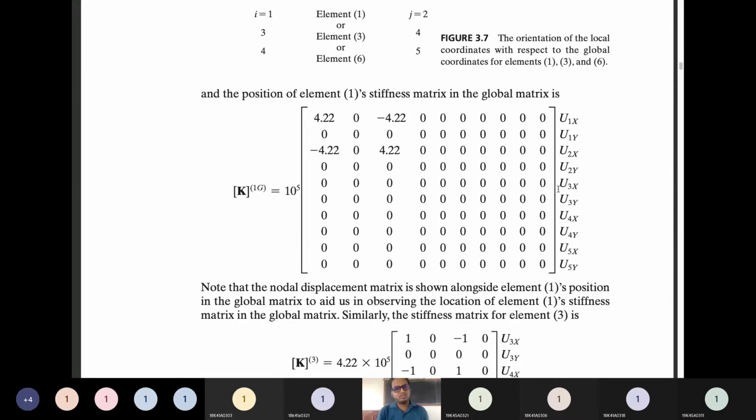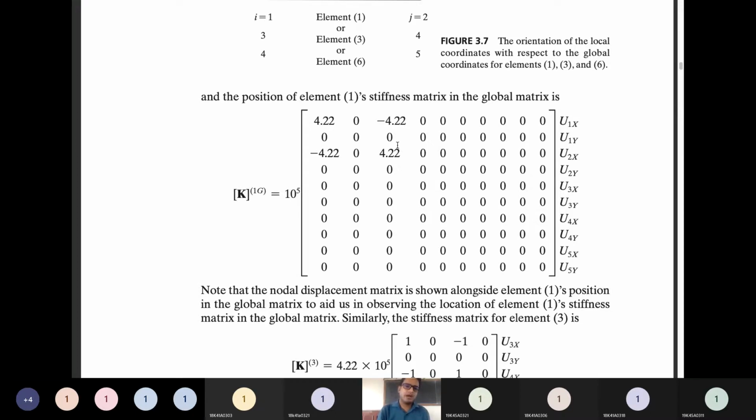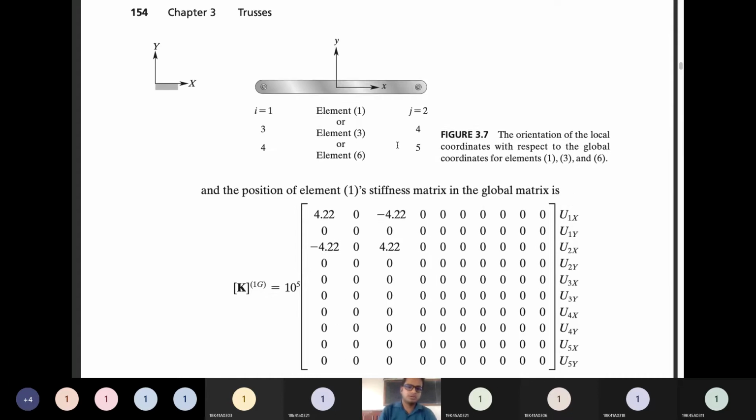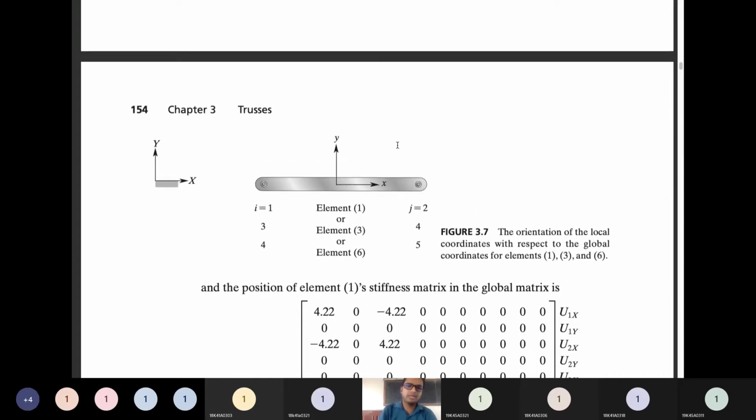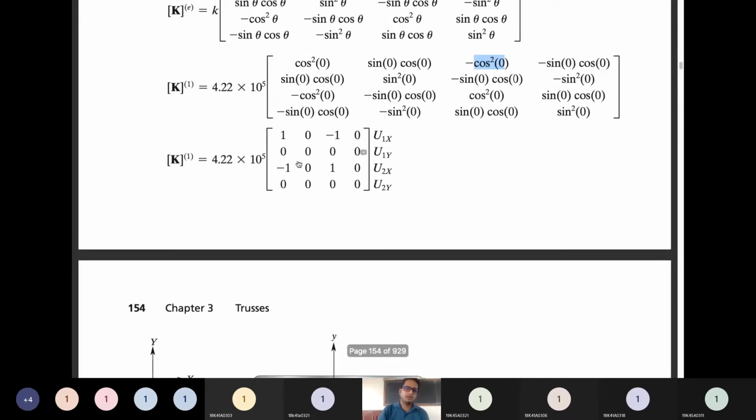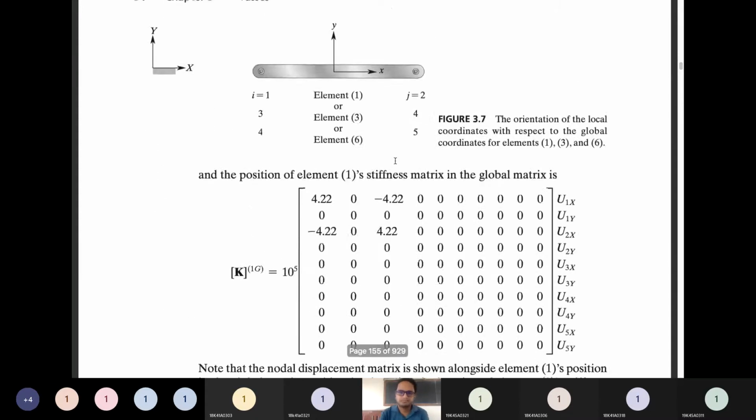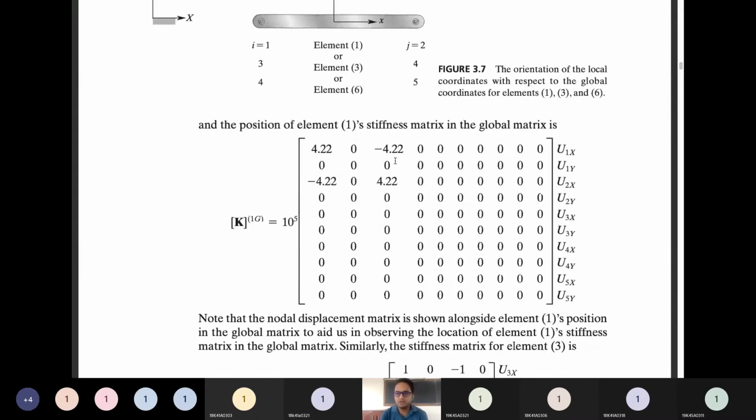So we know that the global stiffness matrix is of the order 10 cross 10. So now in this you have to put your values, what you have calculated here, you have to substitute this value in this global stiffness matrix. This point is clear to all of you?